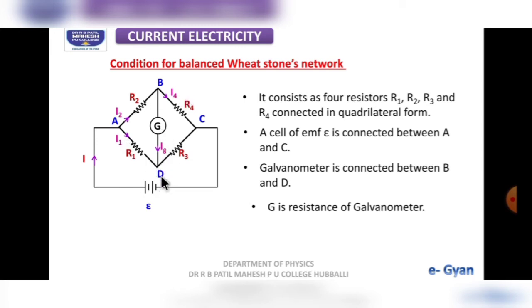I1 and Ig move towards D and together give I3. Therefore I1, I2, I3 and I4 are the currents flowing through R1, R2, R3 and R4, and Ig is the current flowing through the galvanometer.